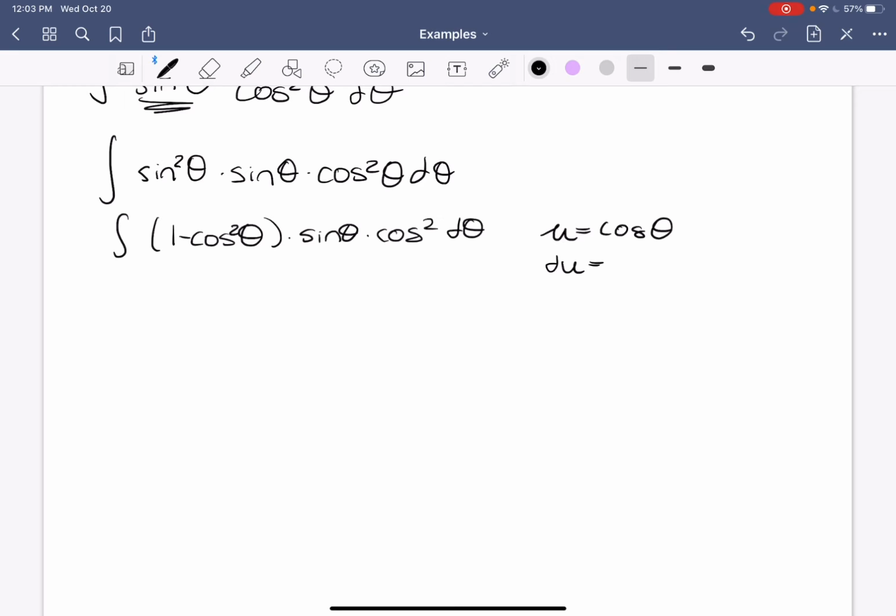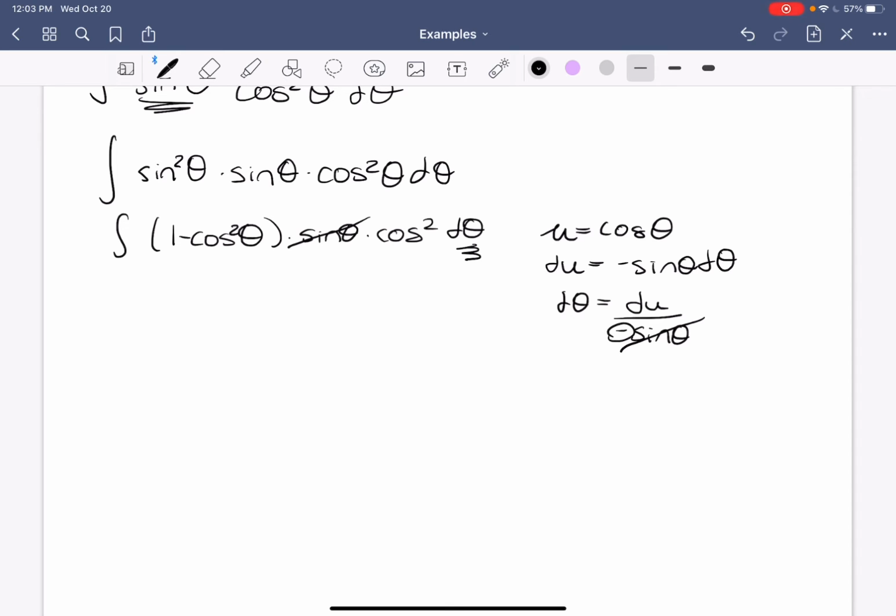The derivative of that is negative sine theta d theta. In order to put it in terms of d theta, you just move the negative sign over here, and that's your term, so you have it in terms of du.